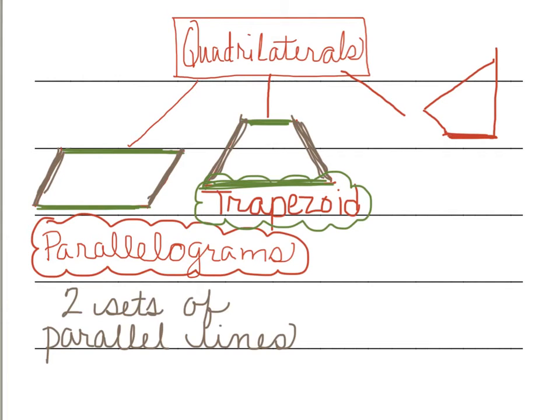We've got another line right here. That's not parallel with anything. Third line here, not parallel with anything. And fourth line right here, not parallel with anything either. So this last one is just all over the place, and it is called a trapezium.